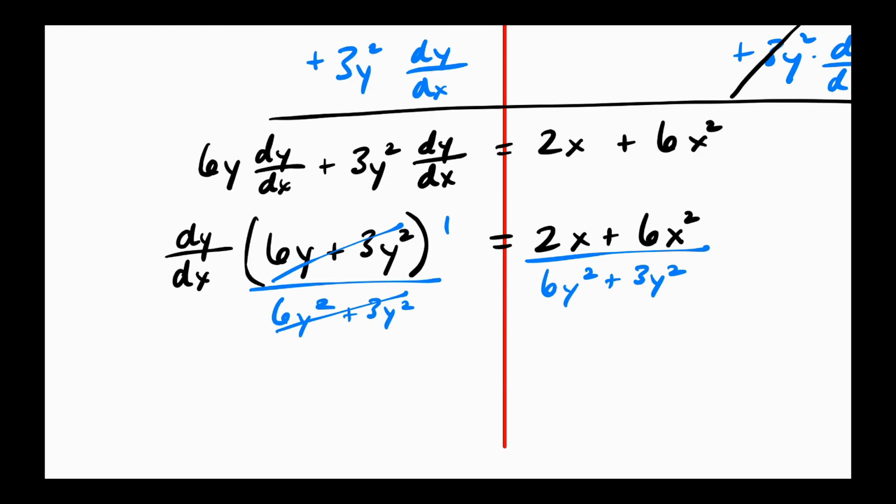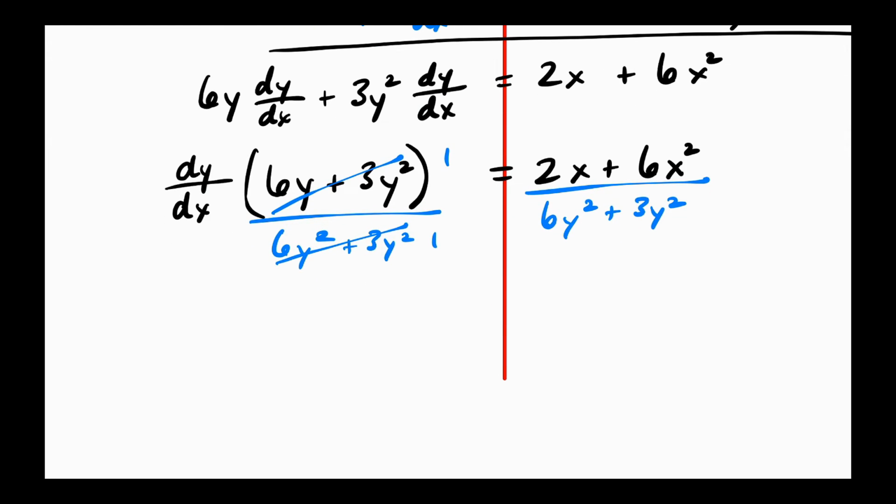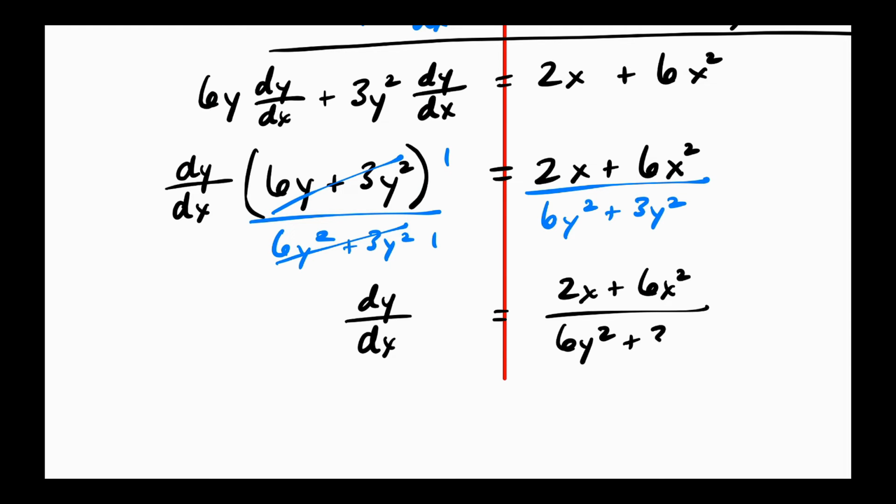Those don't go away, they become ones. But if they become ones, then I don't need to write them because it's just times 1. So I get 2x plus 6x squared over 6y squared plus 3y squared.